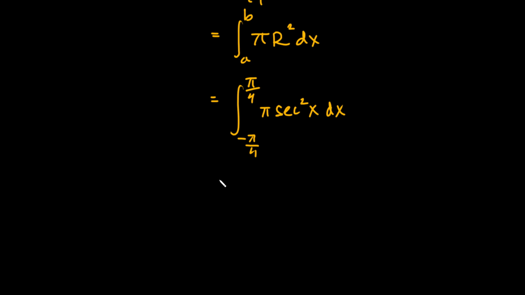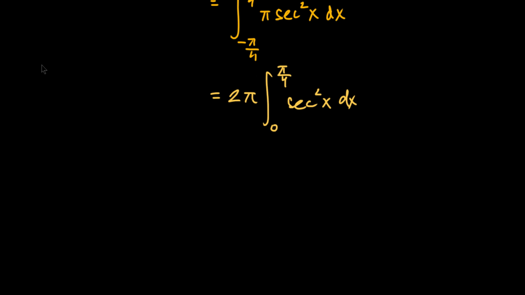It just makes the math a little bit easier, where you put a factor of 2 out front and change the lower boundary to 0. So now we have from 0 to pi over 4. We also have a pi inside the integral that we could bring out, so I'll bring that pi out. And then we have secant squared of x dx.